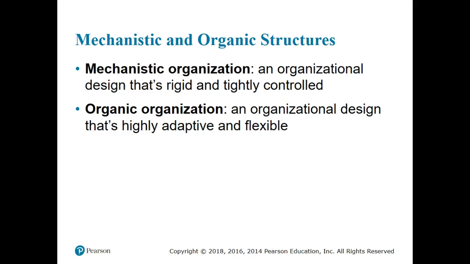Now, we get into the mechanistic and organic structures. We talked a lot about mechanistic structure in organizations when we went over organizational culture. So this is kind of a revisit for us, but remember that a mechanistic organization is an organizational design that's rigid and tightly controlled. And the organic organization is an organizational design that's highly adaptive and flexible.